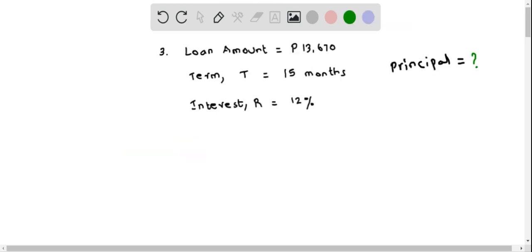In question 3, we determine the principal amount. For the loan amount of 13,670 pesos. And this loan was taken for a period of 15 months at an interest rate of 12%. So we can write down this loan amount, and this equals the principal amount plus the interest.